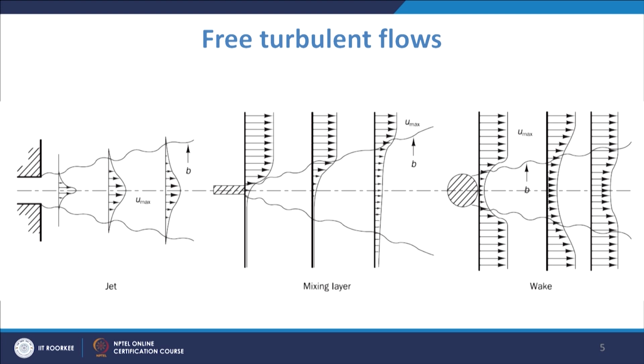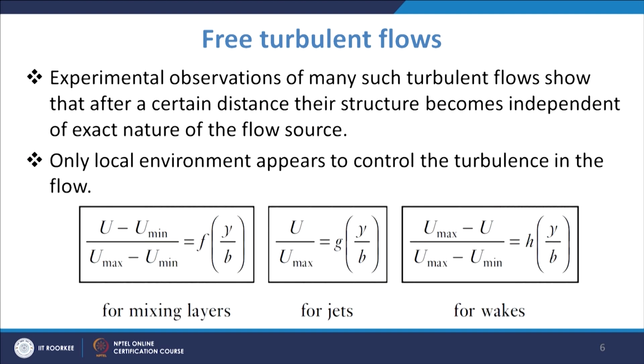In the case of the mixing layer, a slow moving region interacts with the fast moving one, and you see the development of these velocity profiles. Similarly, this is the wake, and this is how the velocity profile changes. These are the examples of free turbulent flows.